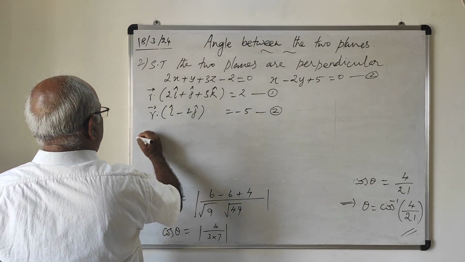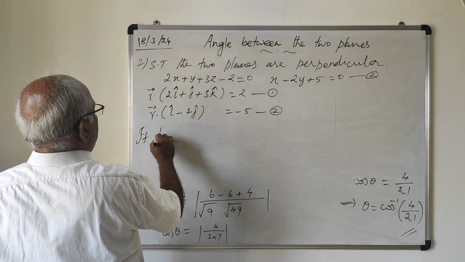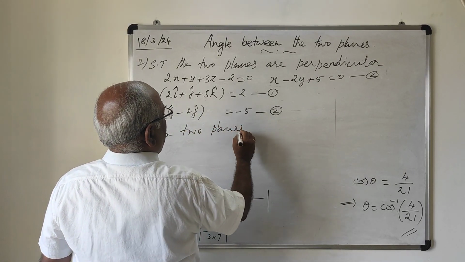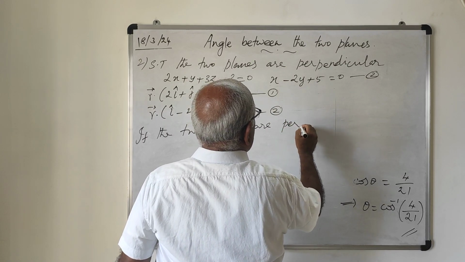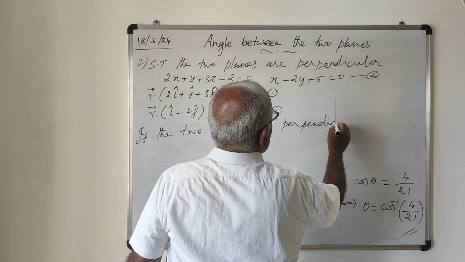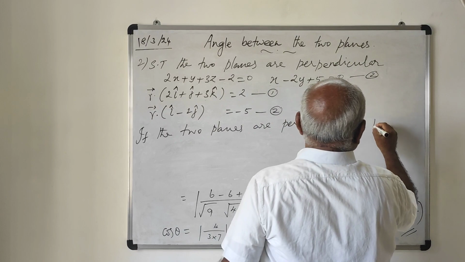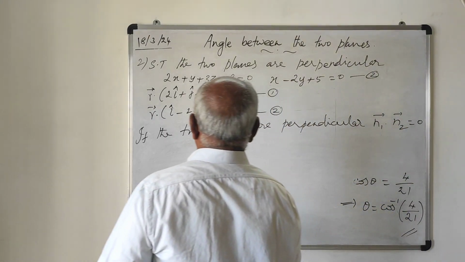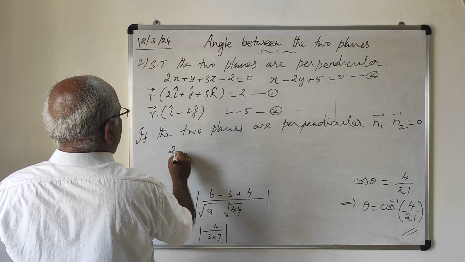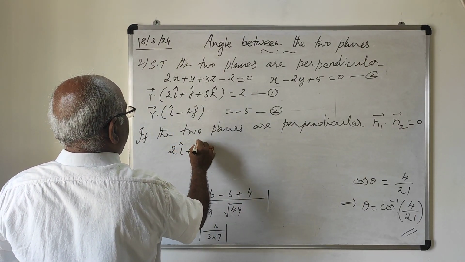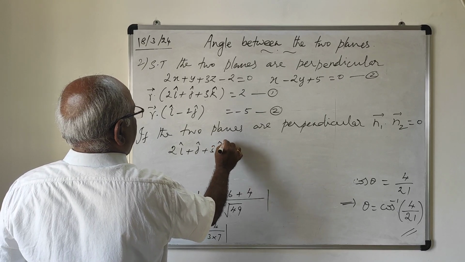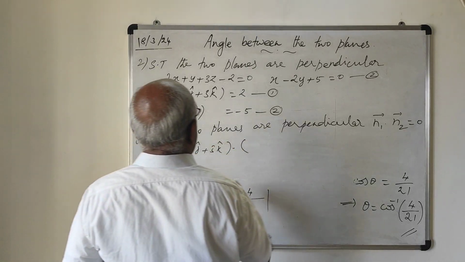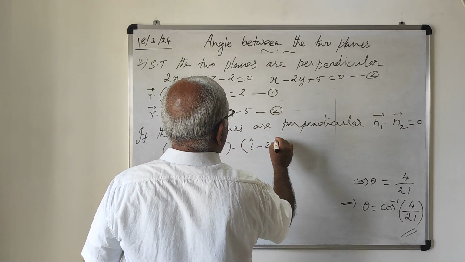Therefore, if the two planes are perpendicular, we have to prove that n1 dot n2 equal to 0. What is n1? 2i plus j plus 3k, dot n2, which is i minus 2j.